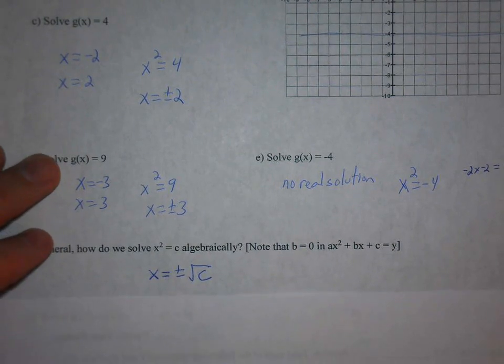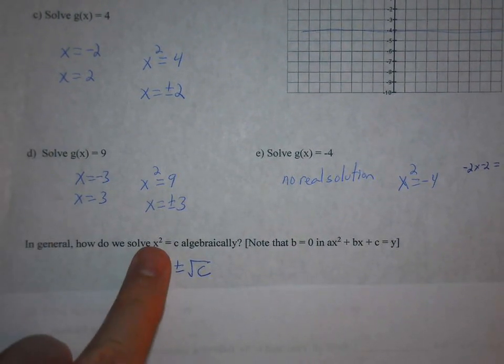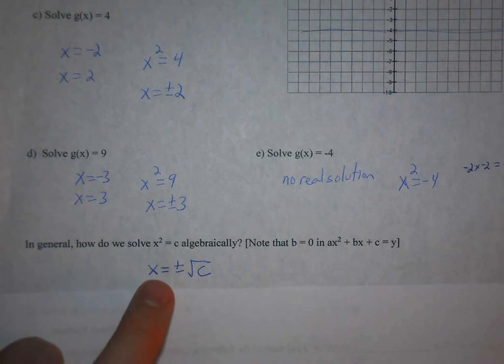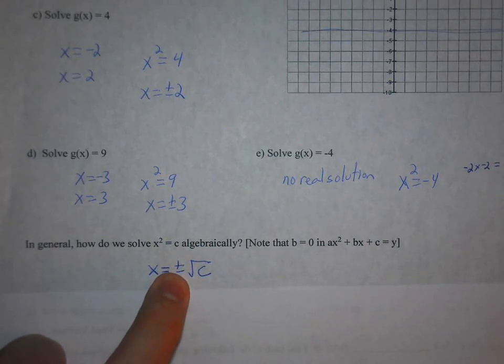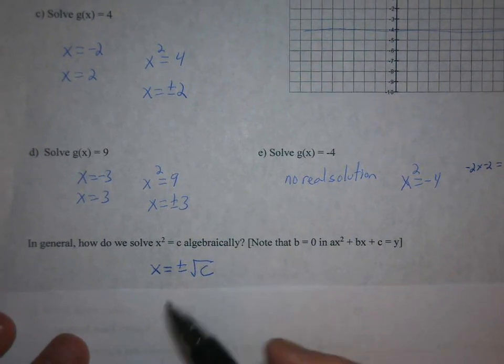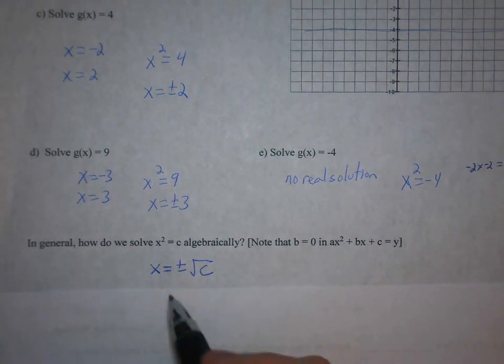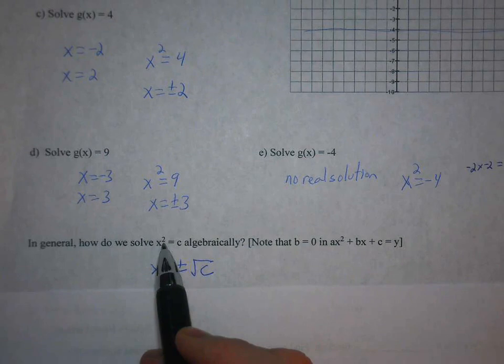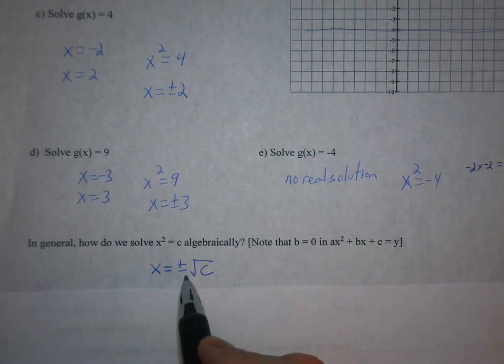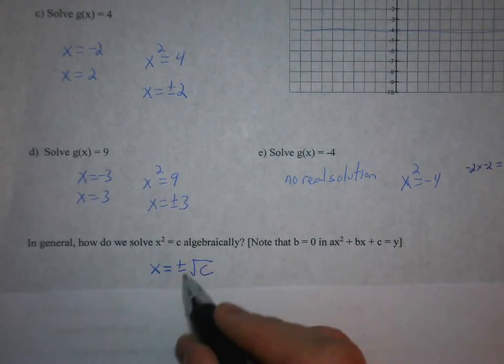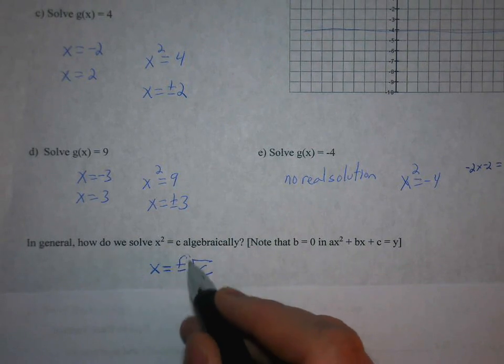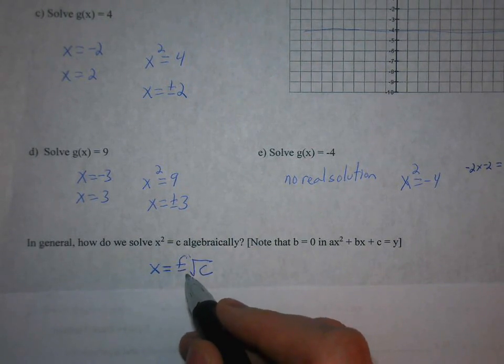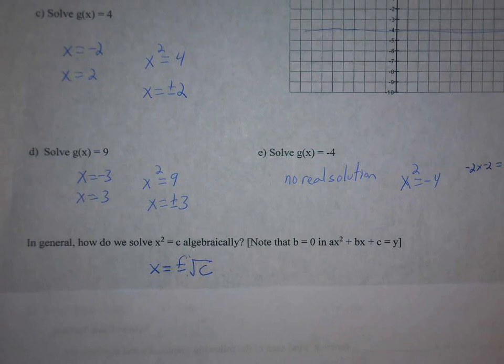To solve x squared equals a number, you do x equals plus or minus the square root of the number. And that plus or minus is extremely important because that's what gives you the two different answers. If you just did the square root, it would only give you the positive answer.